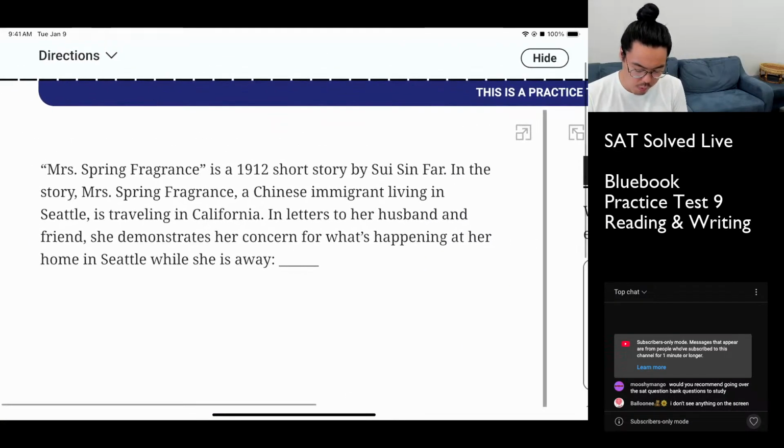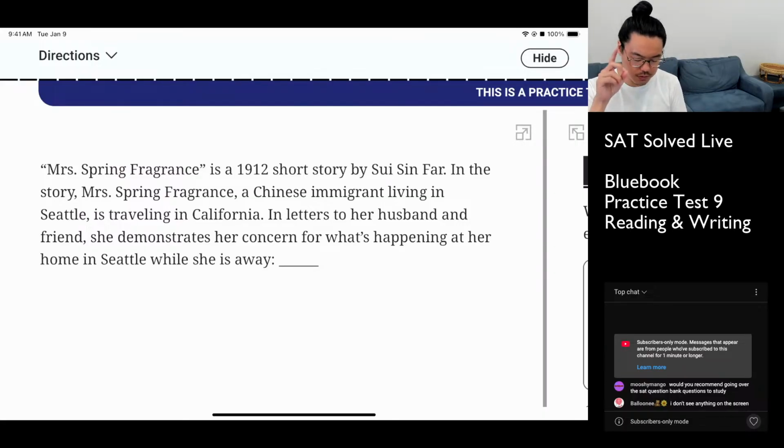Number 10, Mrs. Spring Fragrance is an immigrant in Seattle. Okay, Spring Fragrance is a name, which is kind of hard to get around, but anyway, SF is a name, lives in Seattle, traveling in California, and she's talking to her husband and friend, but husband and friend is the same person.